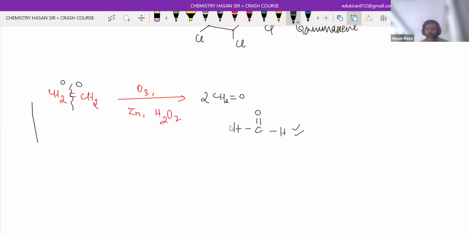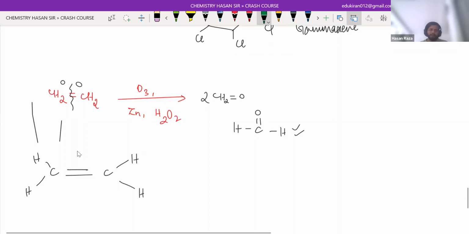Do you remember ozonolysis? What you need to do is just break the double bond and add oxygen to that and to that, like this. I'm going to give you a short trick of this. This is your CH double bond CH. Just break this bond, add oxygen to this with a double bond, add oxygen to this with a double bond.